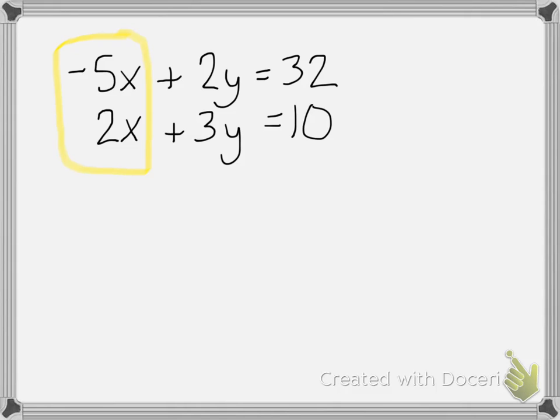One a negative 10 and one a positive 10. Since 5 and 2 are factors of 10, that's how I came up with 10. You can look for the least common multiple, or the greatest common factor, or different products, but you can also just multiply them together.